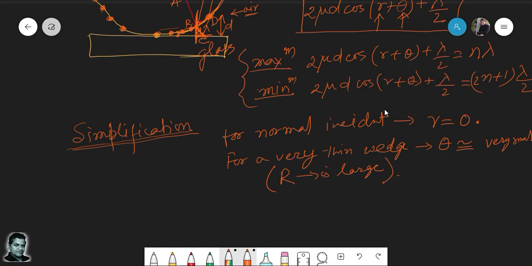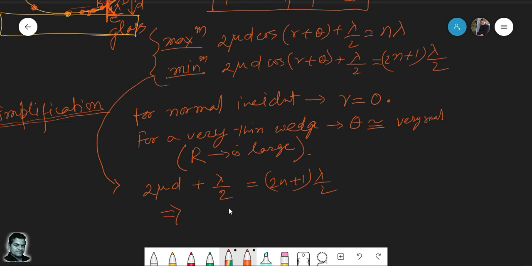So what would be the minimum condition? That would be 2 mu d. So r is 0, theta is very, very small, so both of them could be very close to 0, and cos of a value very close to 0 is 1. So you get 2 mu d plus lambda by 2 equals (2n plus 1) lambda by 2. And this implies for destructive interference, 2 mu d is equal to n lambda.